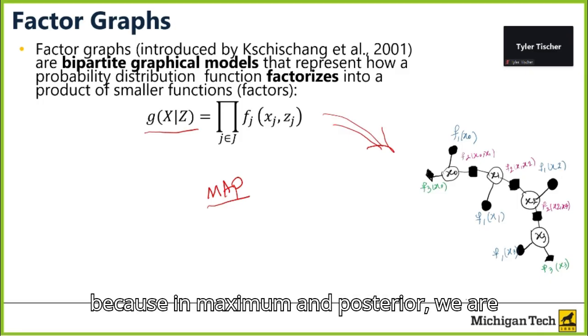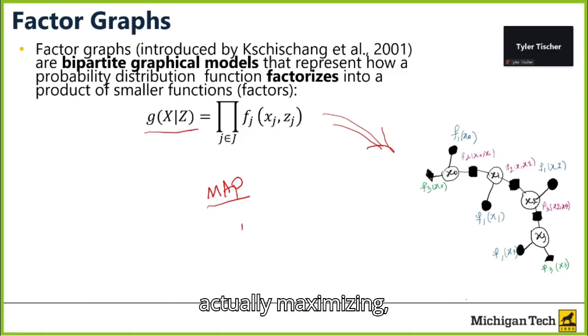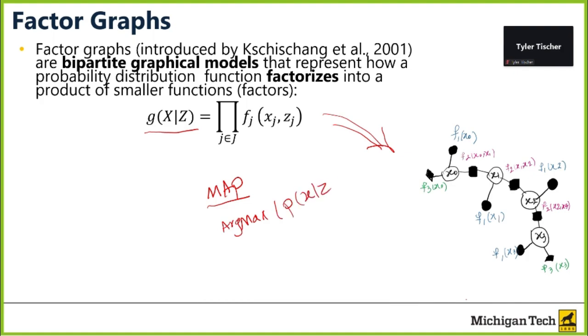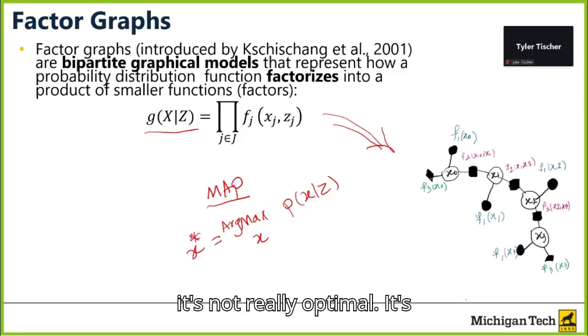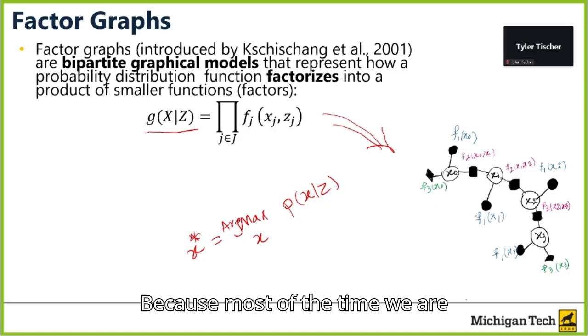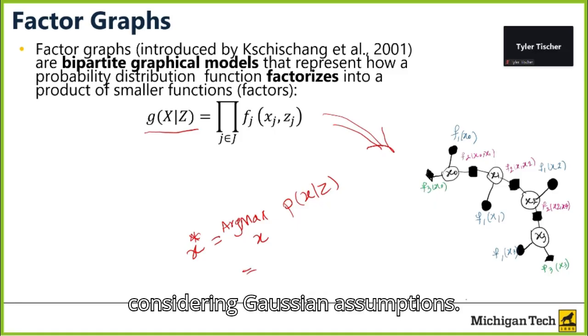Because in maximum a posteriori we are actually maximizing, actually argmax, the posterior density P of x given z. We are maximizing this to find x, and this x is the optimal x. However, it's not really optimal, it's approximately optimal. Why approximately? Because most of the time we are considering Gaussian assumptions.